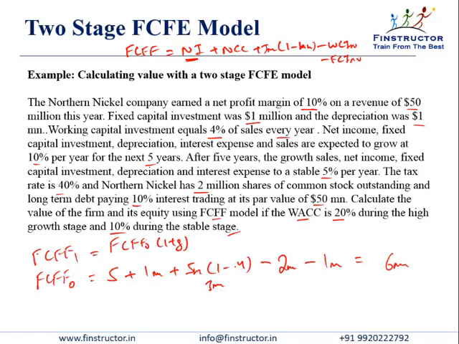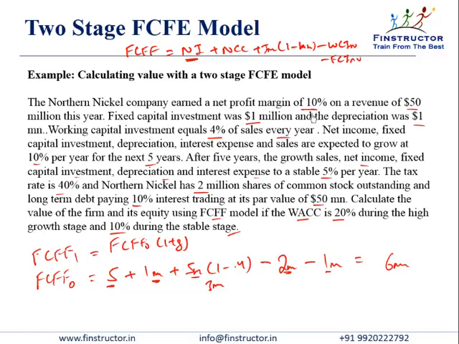Now fortunately, all the items that comprise the free cash flow to firm, net income, depreciation, interest, working capital investment, fixed capital investment, are all being given to be increasing by 5%.